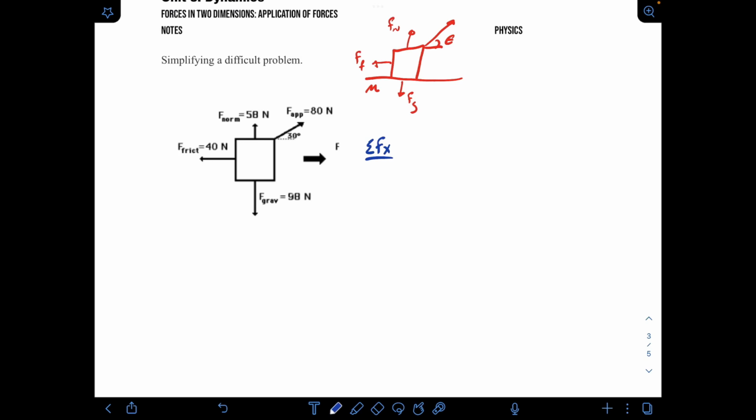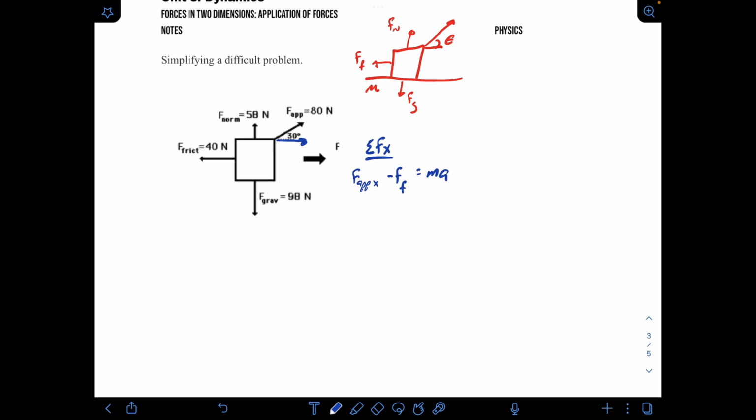So I have the applied force in the x direction, right? That's going to be this guy right here, minus the friction force, and that's going to be equal to the mass of the object times the acceleration. And if we're assuming a zero acceleration, we just basically have to figure out what the x component is.